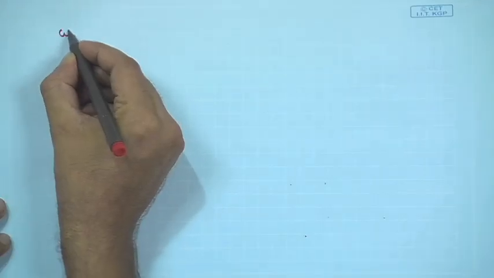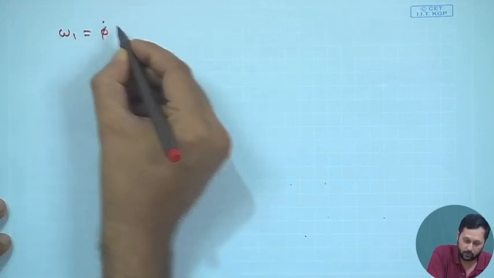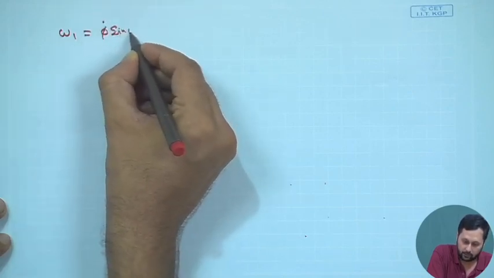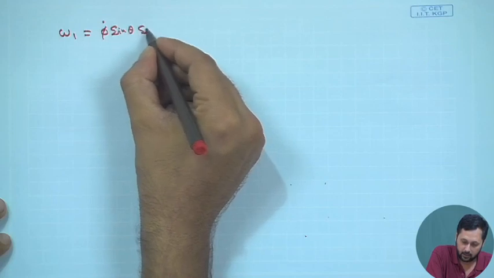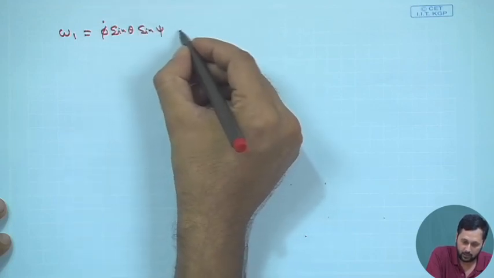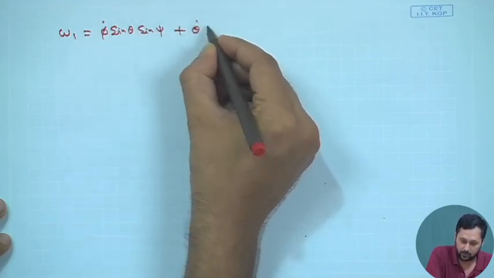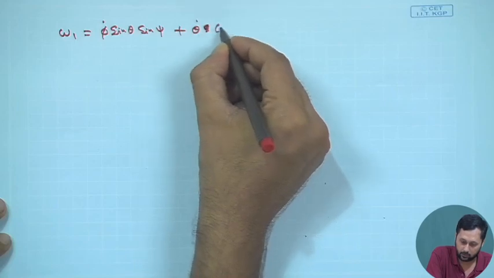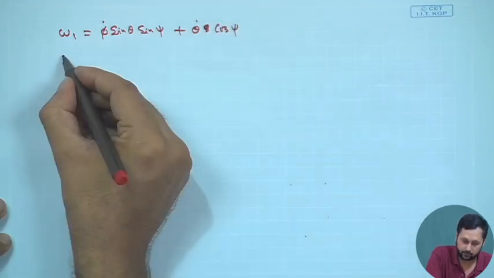It is the same thing. We just have to do systematic matrix multiplications, and finally we will end up in a relation which is: omega 1 equals phi dot sin theta sin psi plus theta dot cos psi.